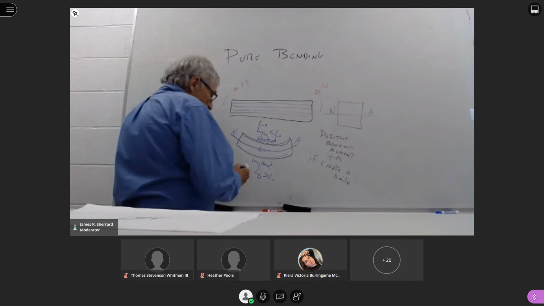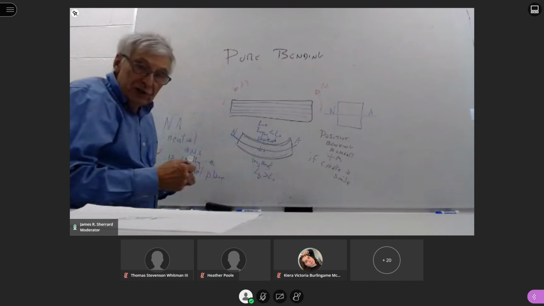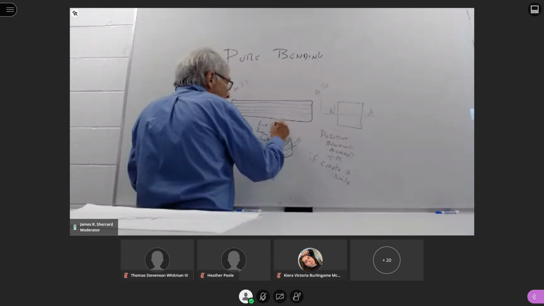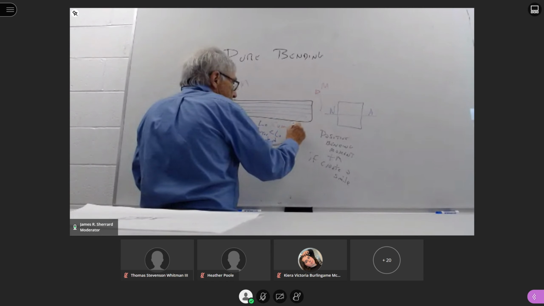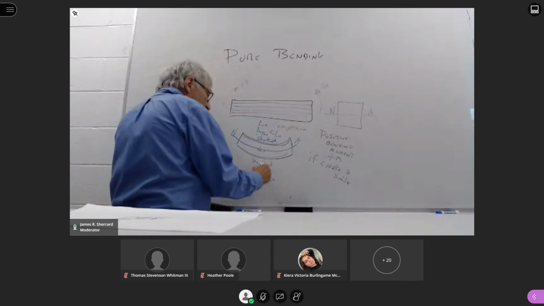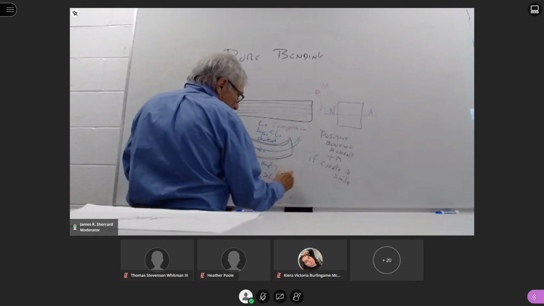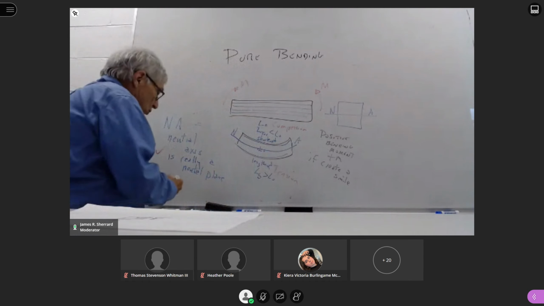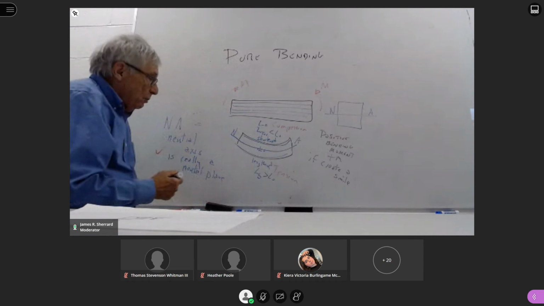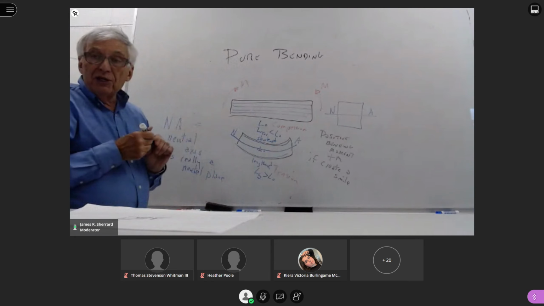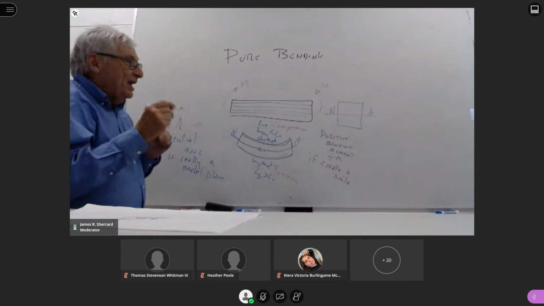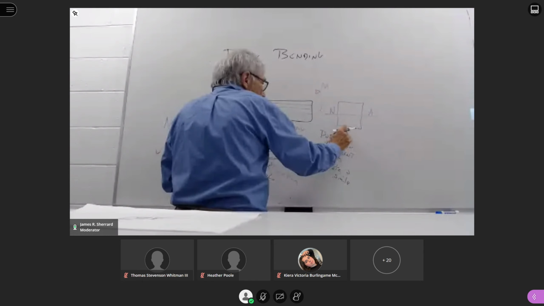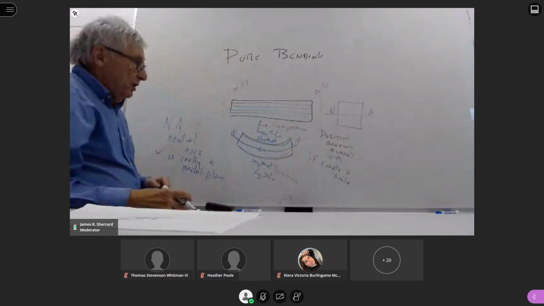So if this is being shortened, we can say that this system is in compression. If this side is lengthened, we can say this is in tension. And what I recommend is whenever you go to work a problem and you see the moment that it's been created, I immediately write on the top surface, bottom surface, what we are experiencing.